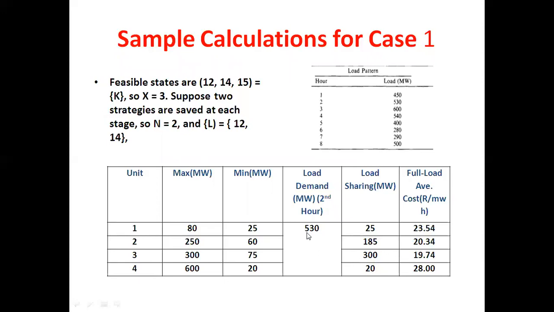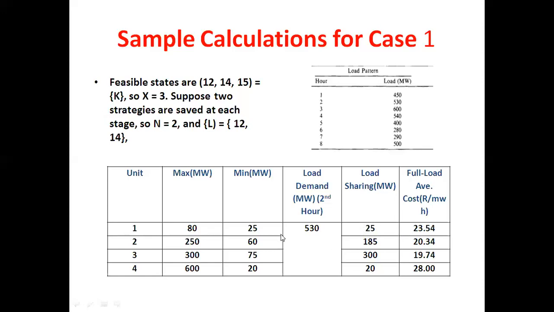So 530 minus 320 becomes 210. So unit 1 and 2 will share the 210 load. Between unit 1 and 2, unit 1 has the maximum full load average cost.